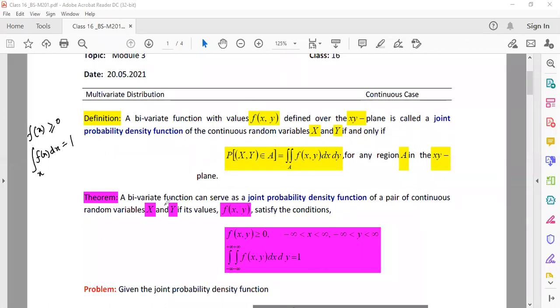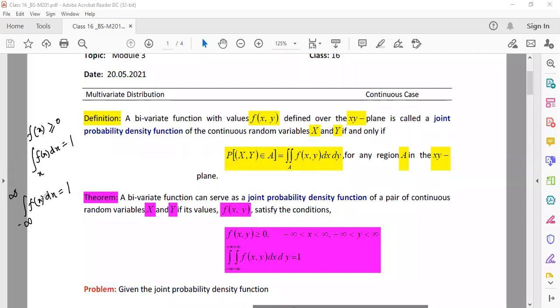And the total probability means when we integrate from -infinity to +infinity. We know that for the univariate case, when we integrate the function fx with respect to the input variable from -infinity to +infinity, the total probability comes out to be 1.